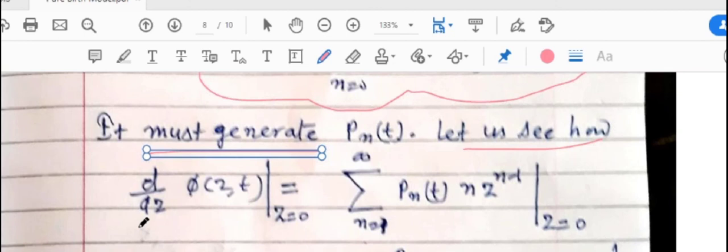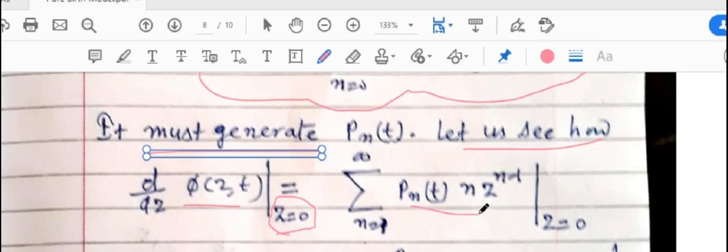Here we have computed the first derivative of phi(z), but at the same time we are taking z equal to 0.